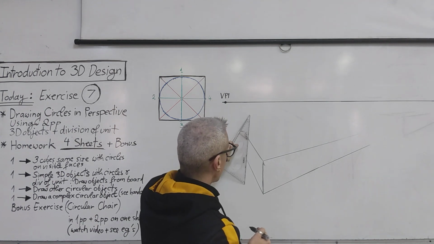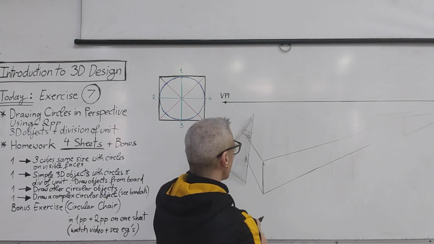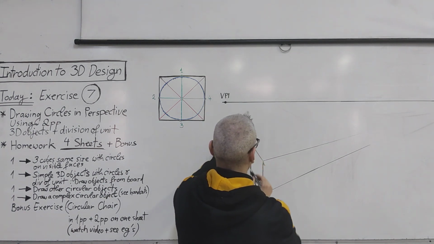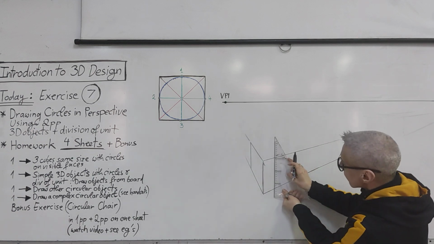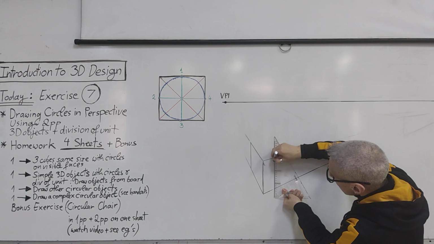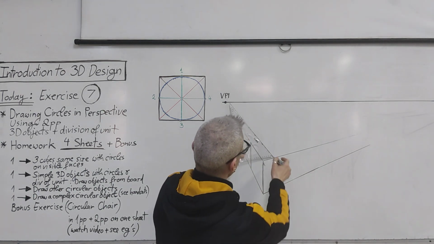I need a cuboid object. Okay, so a little bit elongated. Taking to the vanishing point.